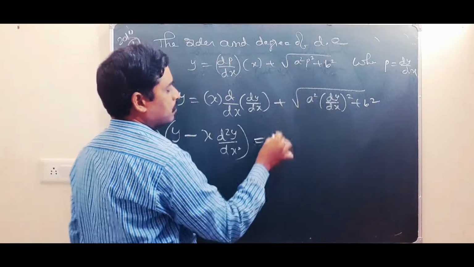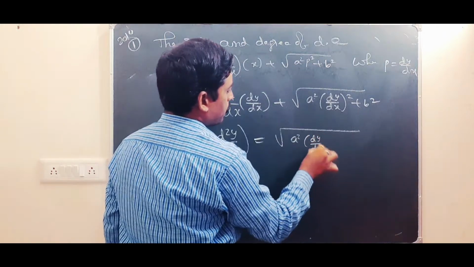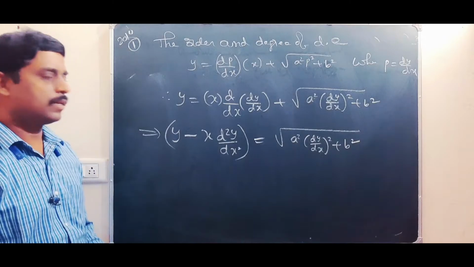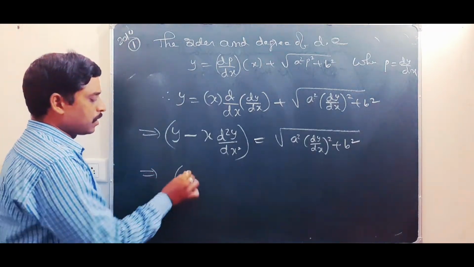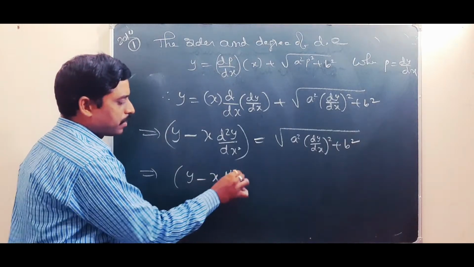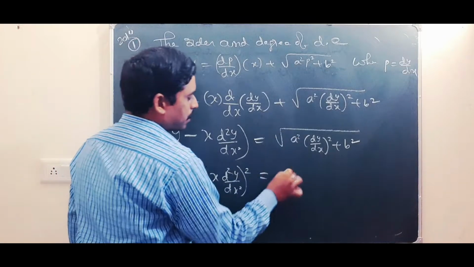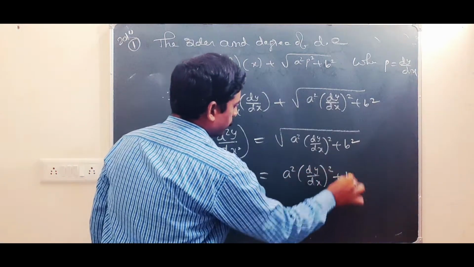Okay, equals √(a²(dy/dx)² + b²). This differential equation can be written as a polynomial equation. Now squaring on both sides: (y - x d²y/dx²)² is equal to, this root gets cancelled, a²(dy/dx)² + b².